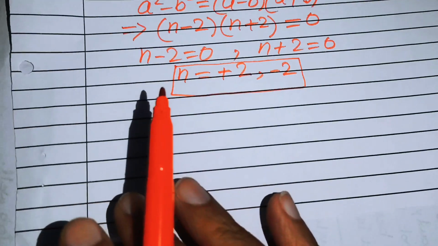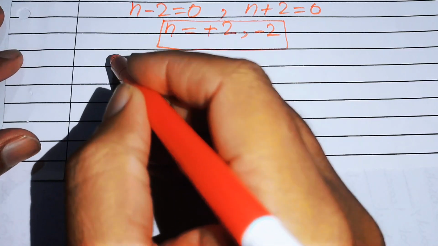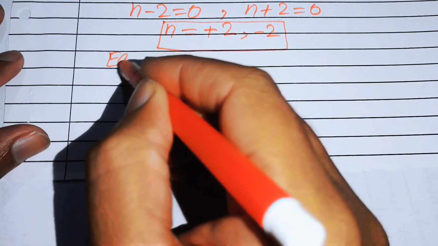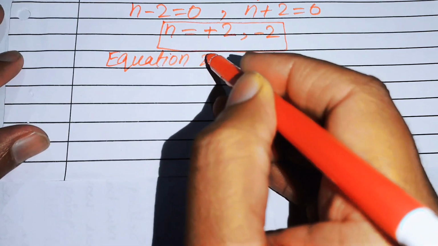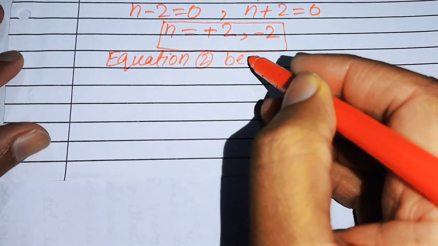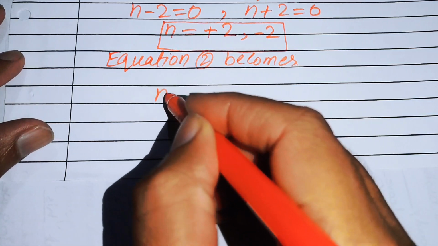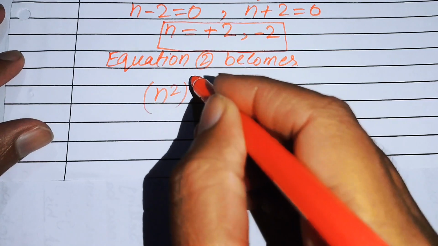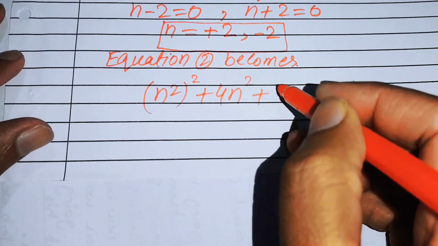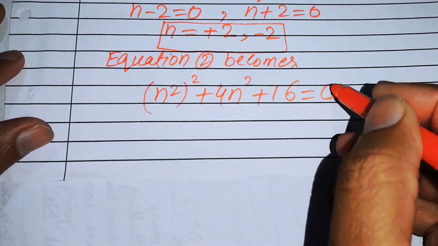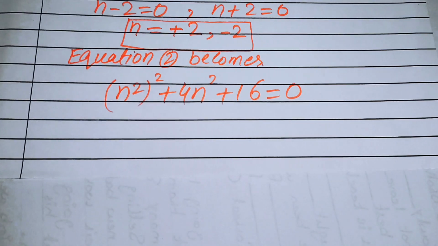In case number 2 we first write equation number 2, which looks like n squared whole squared plus 4 times n squared plus 16 equals 0. Now I can change this equation into quadratic form.